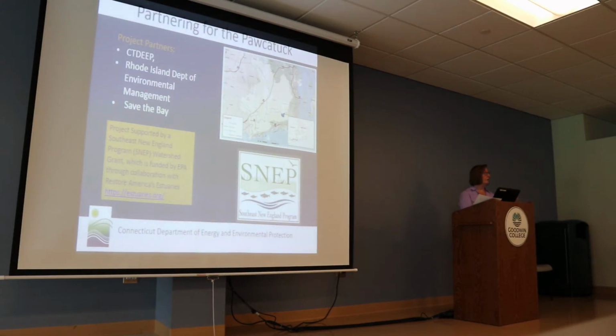What we were able to do, EPA knew of our interest, and they clued us in on a Southeast New England Estuary Program grant that people could compete for. So we were able to successfully compete for a fairly substantial grant from EPA through the SNEP program that's supporting the work that we're doing, at least in part, for the Pawcatuck.